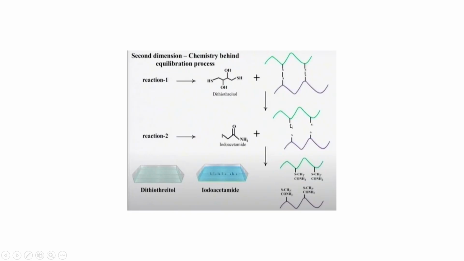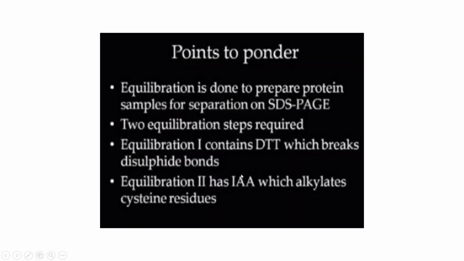So you need to make sure that these disulfide bonds are not getting joined back. In order to avoid that, you add iodoacetamide so that it gets alkylated, and there is no free sulfhydryl group to make a disulfide bond again. So that's the reason the alkylation step is also added, so that they do not get renatured and form the disulfide bond again.